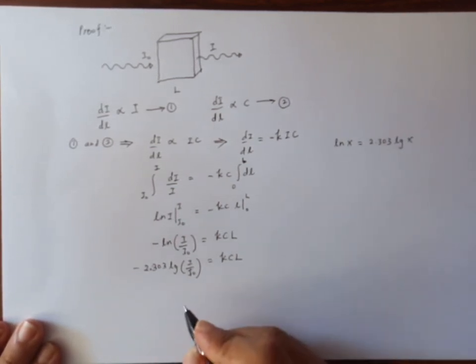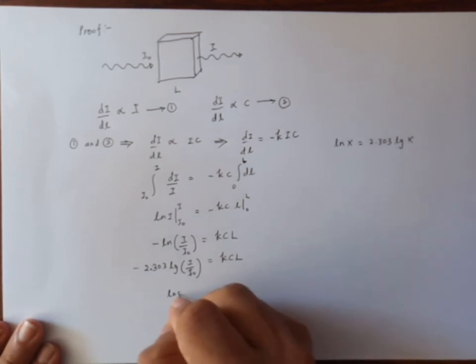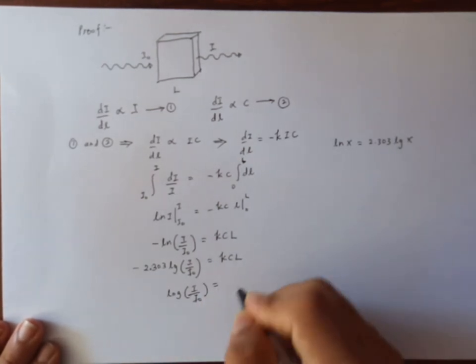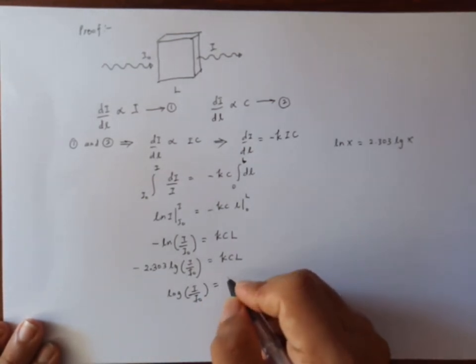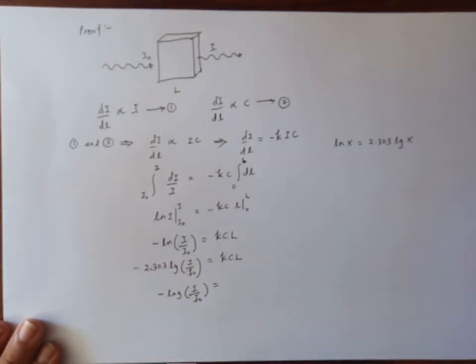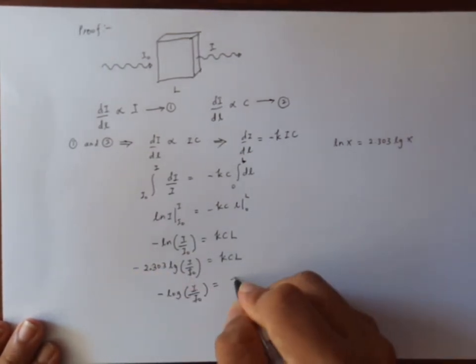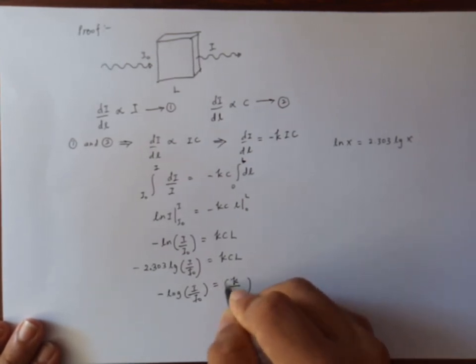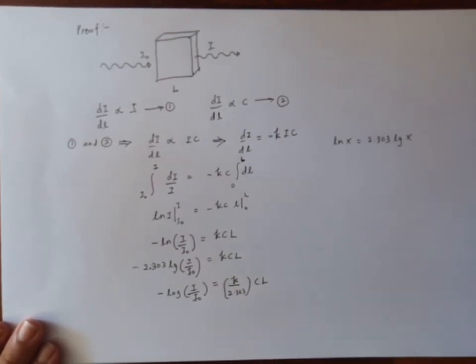So I write down this log I over I naught is equal to, so here minus, I take this value to the other side, that means k divided by 2.303 times cl. Okay, so this is actually the absorbance by definition.